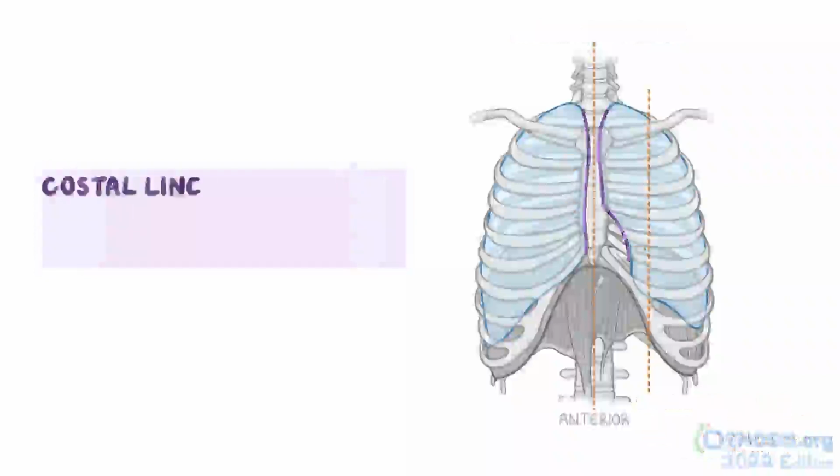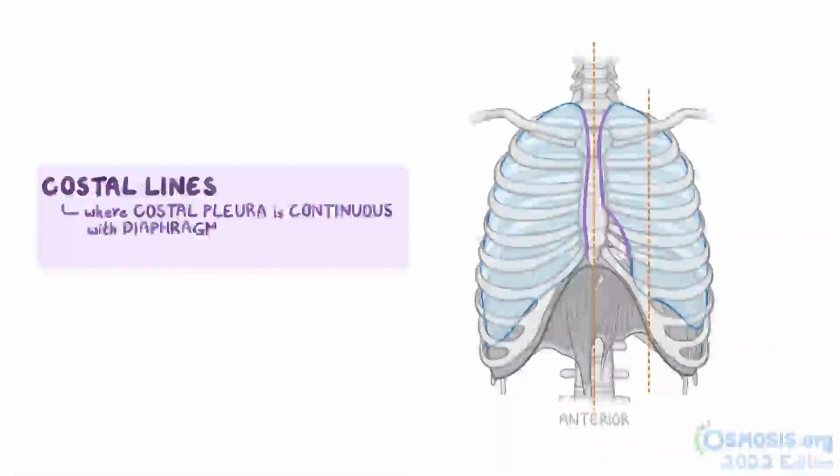Now, the costal lines continue the sternal lines, and they occur at the point where the costal pleura becomes continuous with the diaphragmatic pleura inferiorly. So the right costal line continues its journey from the anterior medial line. The left costal line continues its journey near the midclavicular line because of the bare area of pericardium on the left.